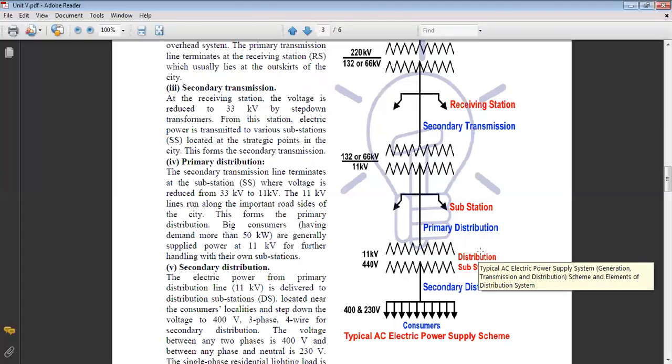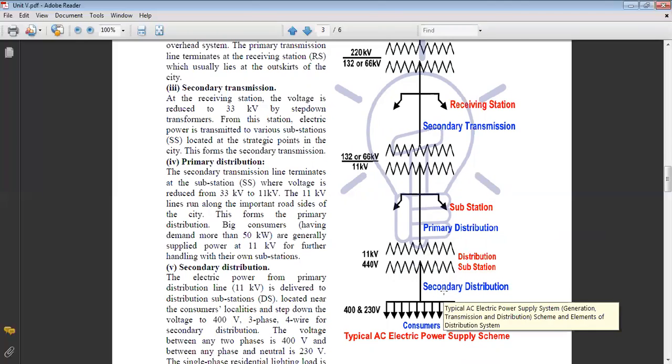This 11 kV again comes to the outskirt of the city, and from the outskirt it will come to the load center, where we can get the 11 kV directly for the high consumers, that is more than 50 kilowatt consumers, and for the local consumers or a home we take the single phase connection.